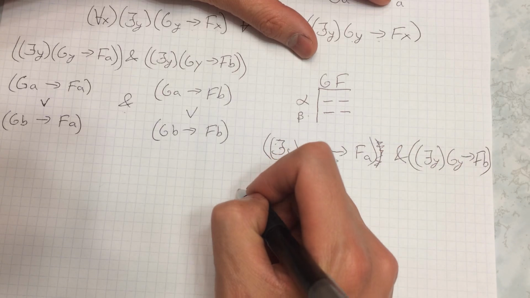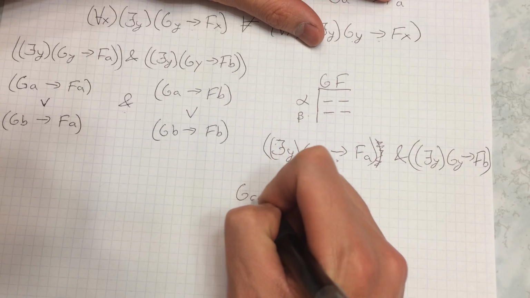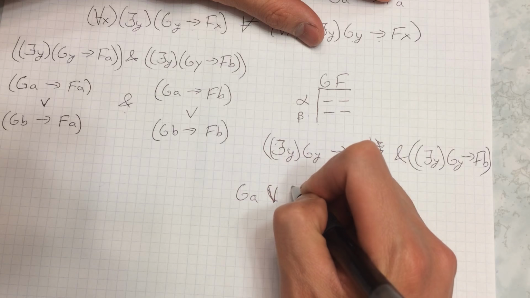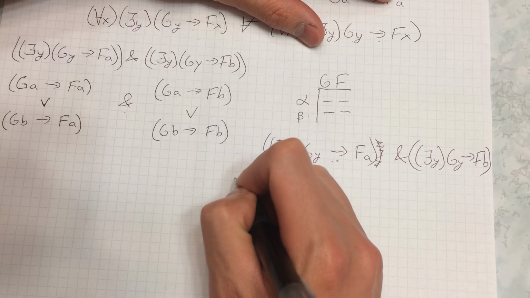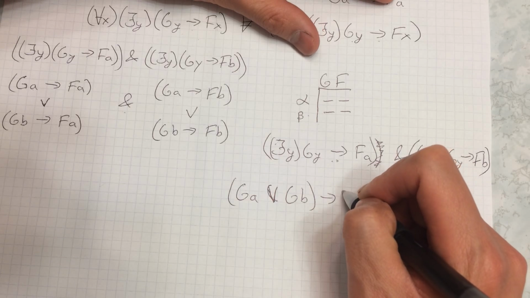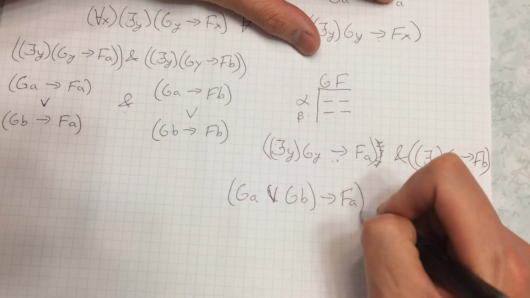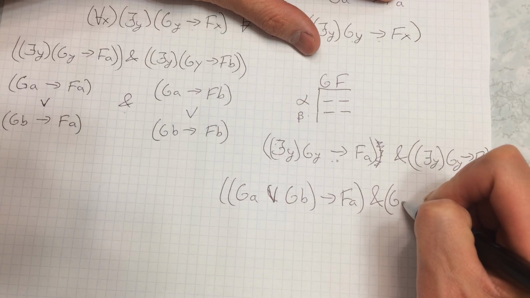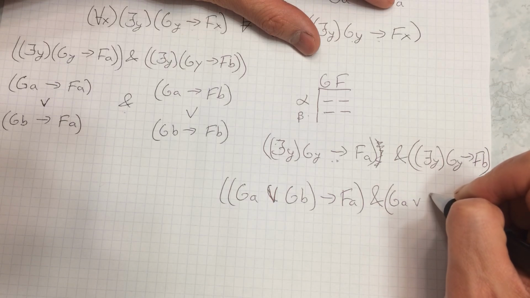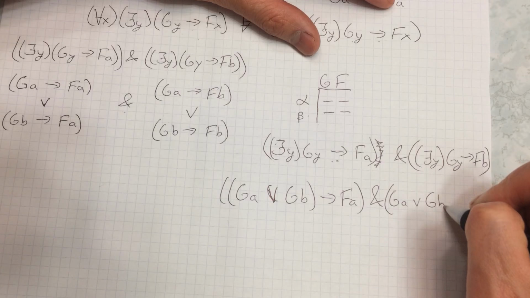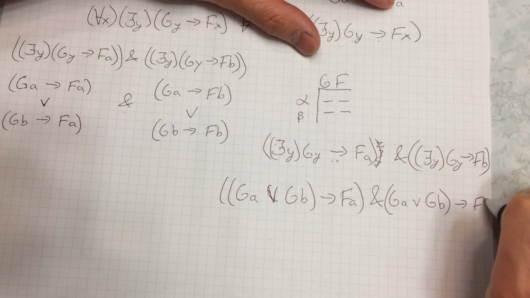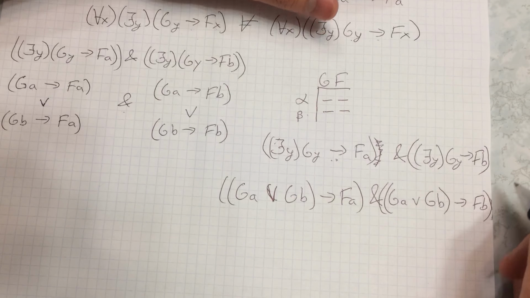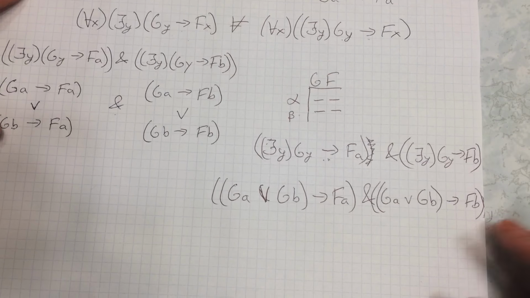So the conclusion is actually understood as: either A is G or B is G, arrow, A is F; and A is G or B is G, arrow, B is F. Sorry, it's getting a little messy.